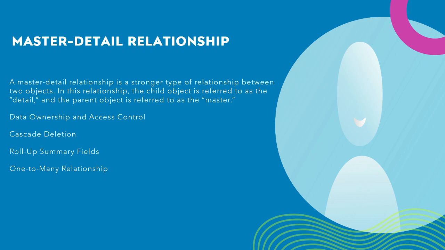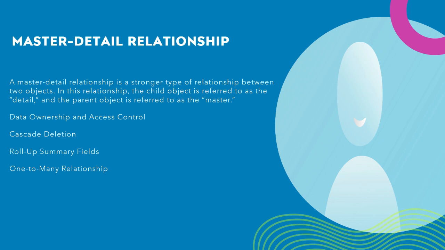And one more property which is similar to lookup is it is also a one-to-many relationship. It means each child record will be associated with a parent record. At the same time, multiple child records can be associated with the parent record. And here one more thing you have to remember is that it is mandatory to have a relationship.